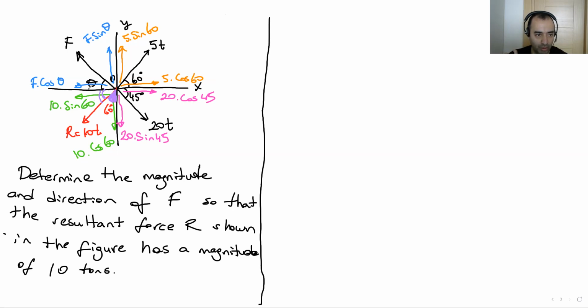This part is cosine 30, this is sine 30. But the angle is this. I always suggest you don't memorize the questions. Take a look at the location of these angles. We have this angle, 60. So this is the cosine. If we have this 60, here is the cosine part, here is the sine.